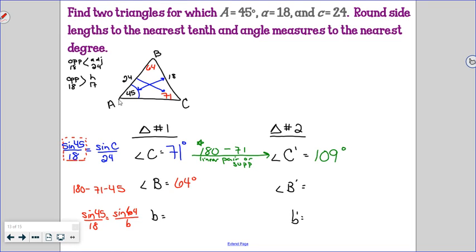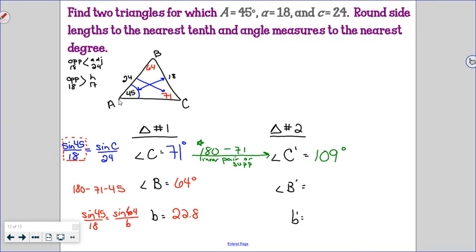Should be somewhere between 24 and 18. And if you're not getting an answer between 24 and 18, something's up. 23? 22.8? Yeah, we'll round to our nearest tenth.